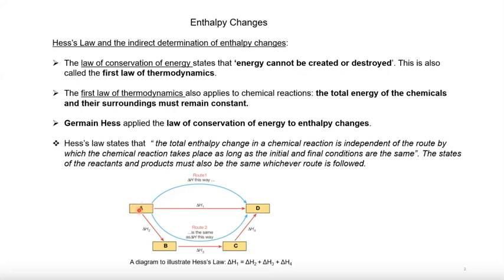If A is a reactant and D is a product, and we go from A to D, which we call route 1, with enthalpy change delta H, then this can also be done another way: from A to B, then B to C, and C to D. Hess's law says that the direct enthalpy change, delta H1, is equal to the enthalpy changes from A to B, B to C, and C to D. So delta H1 is equal to delta H2 plus delta H3 plus delta H4. That is Hess's law.